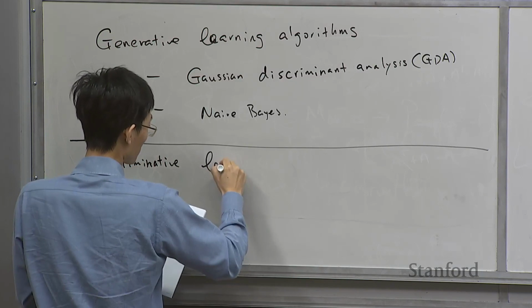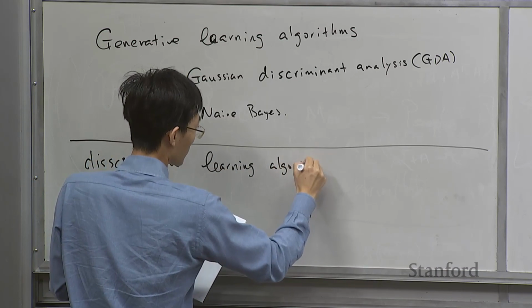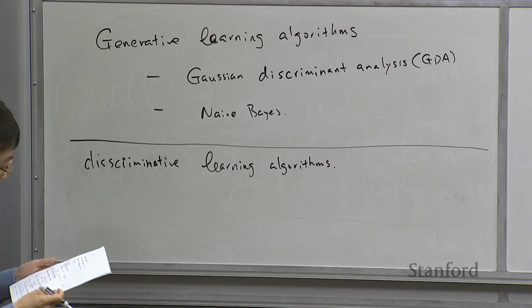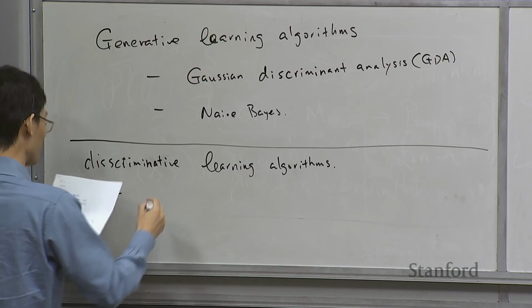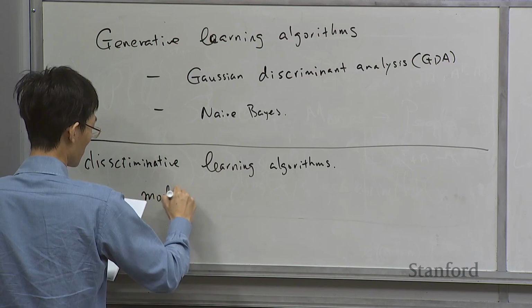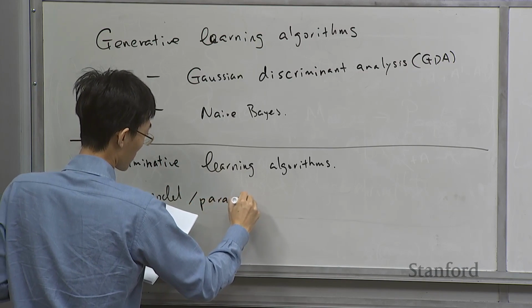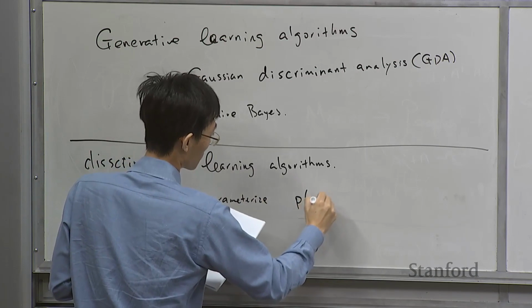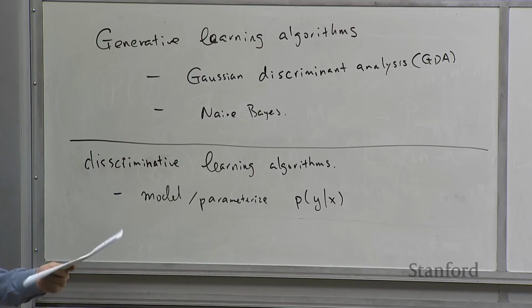The reason we call them discriminative learning algorithms is the following. The definition is that if you model or parameterize the conditional relationship of y given x, then we call this a discriminative learning algorithm.